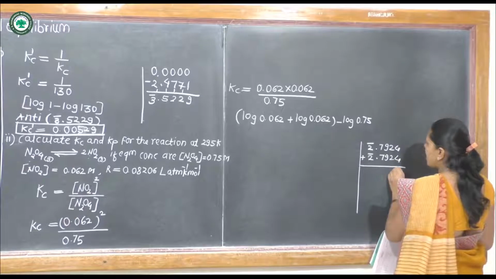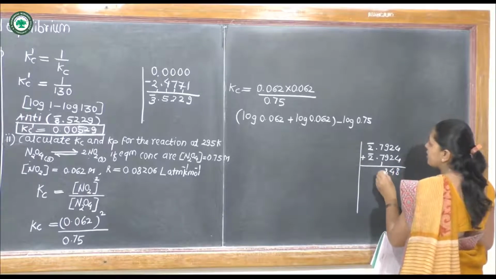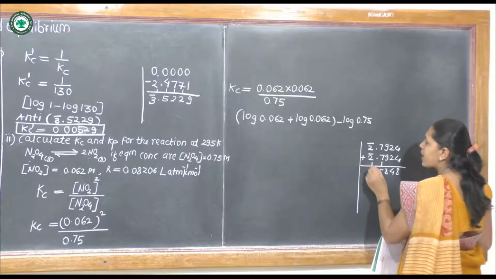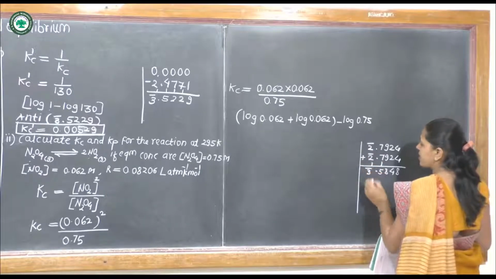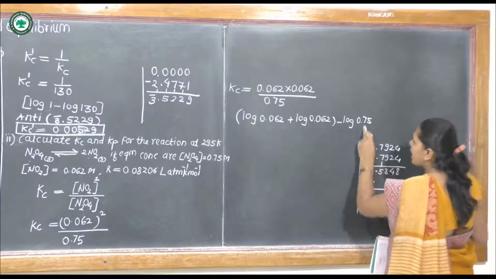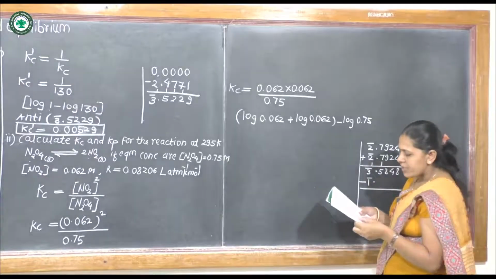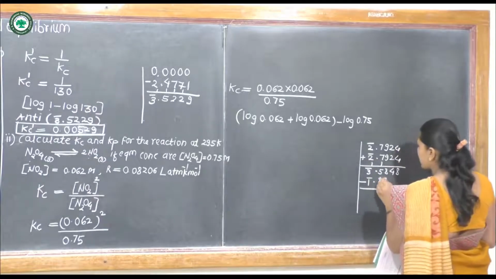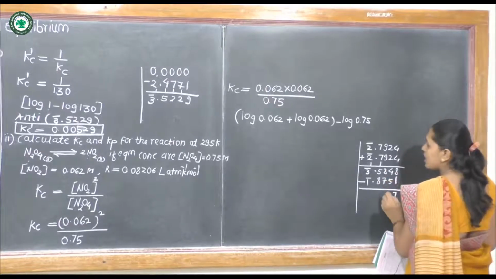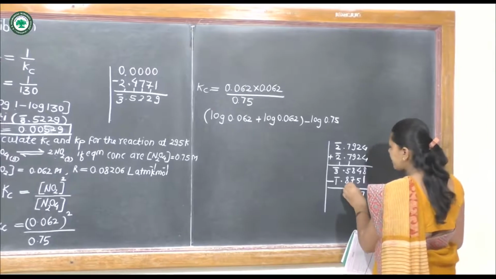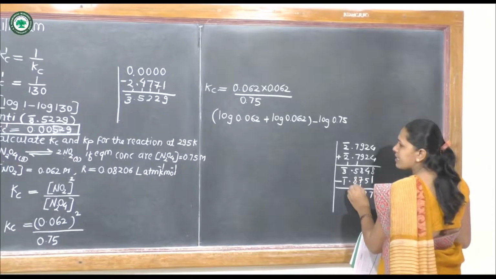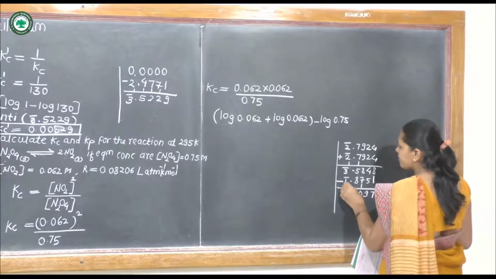Addition 8, 4, 18, 15, bar 2 plus 1 bar 1 bar 1 bar 2 bar 3 minus 0.75, characteristic is bar 1 and log of 75 into 0 8751. By subtracting, 8 minus 1 is 7, 14 minus 5 is 9, 8 minus 8 is 0, 15 minus 8 is 7.